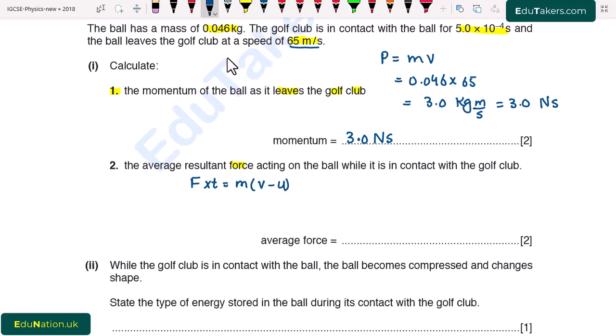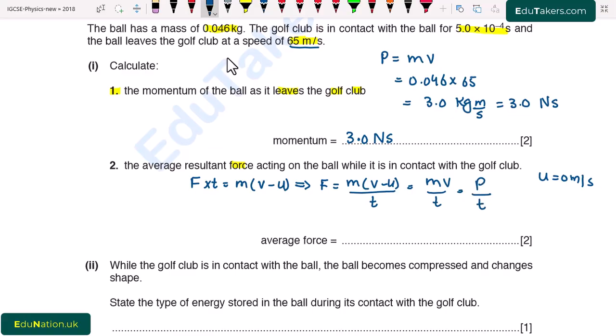We have to find the value of F. It will be equal to m(v minus u) over t, where t is the time. The initial velocity of the ball is equal to 0. I write here u is equal to 0. So it becomes mv over t. mv is the momentum, I represent it with p over time.